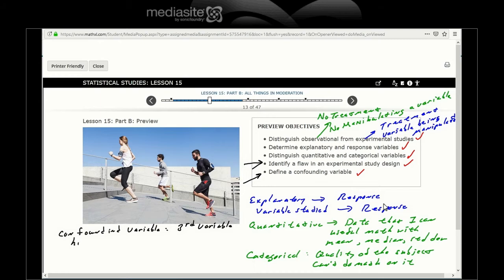A hidden variable that may hide a correlation but not a causation. A hidden variable that may make two variables look like they have correlation.